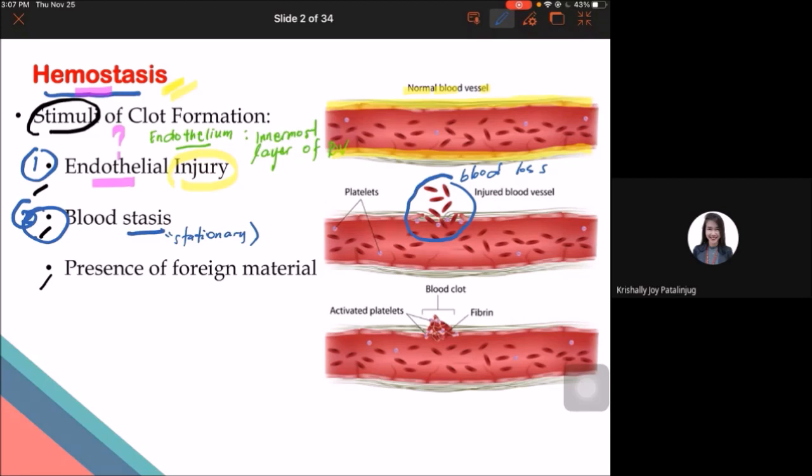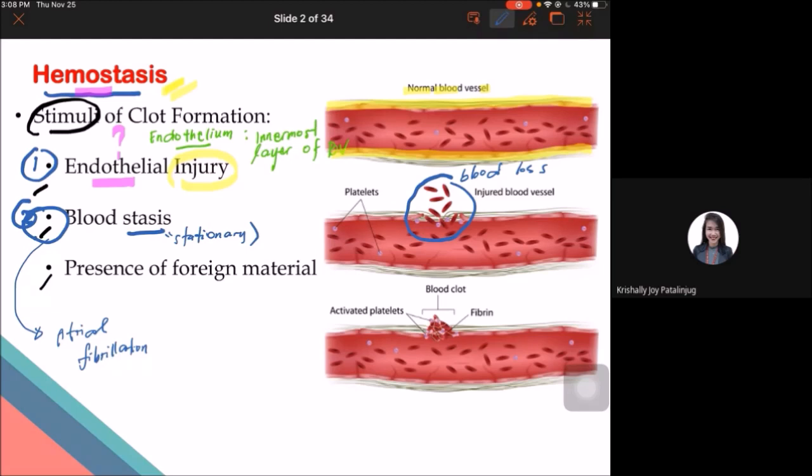And ang common situation on blood stasis is among patients with atrial fibrillation. Okay? Susulat nyo, atrial fibrillation. Okay, so again, blood stasis or stationary blood, this is often observed among patients with atrial fibrillation.